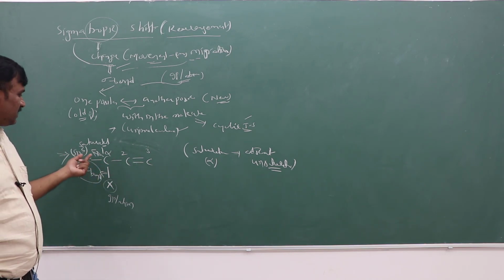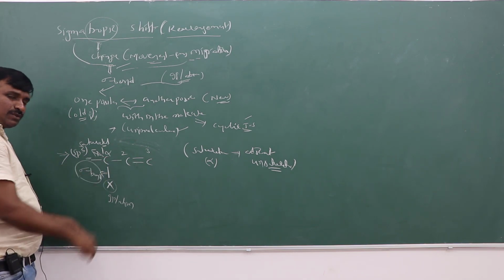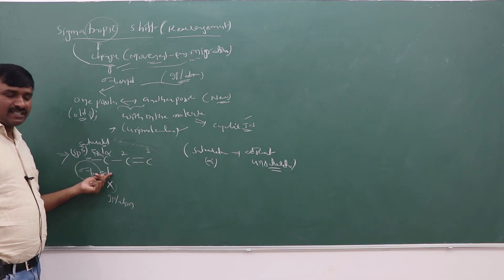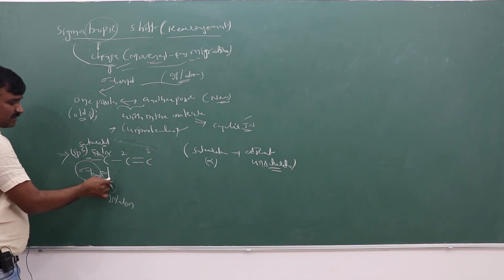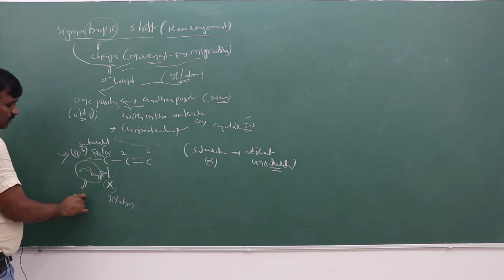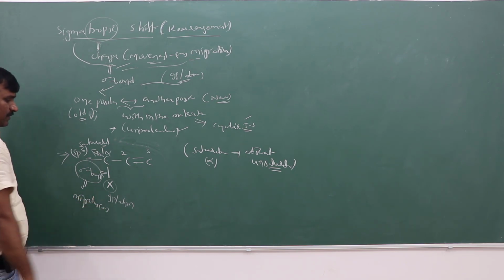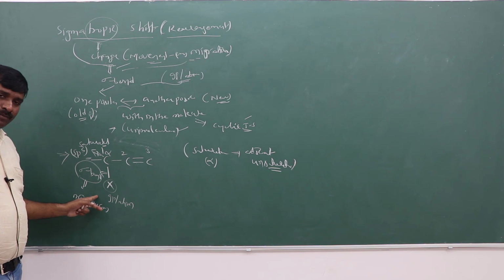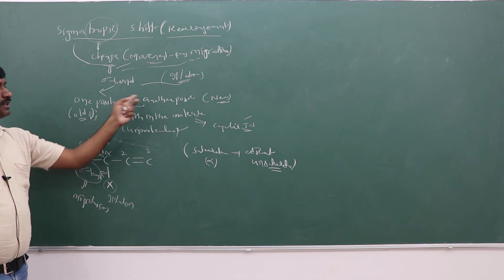First identify the saturated position adjacent to the unsaturation. The sigma bond attached to that saturated position you can select as the migrating sigma bond. The migrating sigma bond migrates from the old position to the new position.